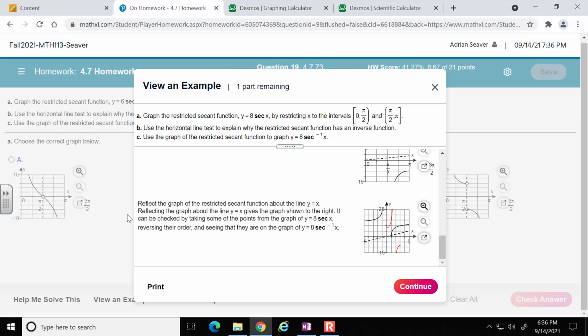So reflect about the line y equals x. That kind of makes sense. So to see, that is the point 0, comma, I don't know, 8. So 8, comma 0, way out here, should be on this graph, and it might be. It's just not on that domain, so we probably need to pick different points.